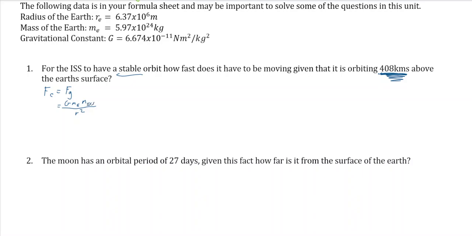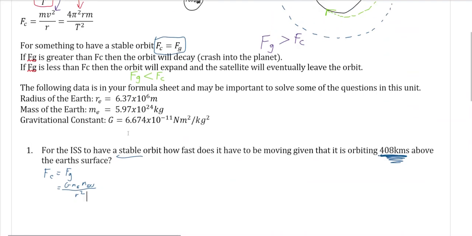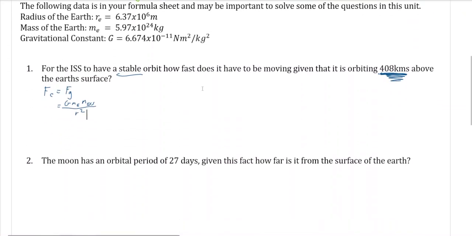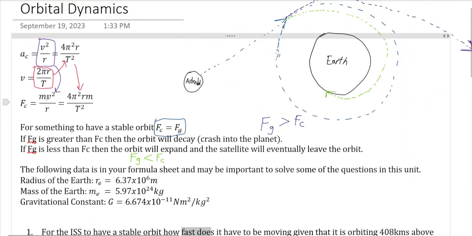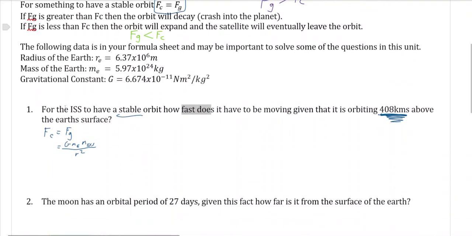So those are our two masses. Now, if we look at FC, this is going to be given by one of the formulas up here. Since we're talking about how fast does it have to move, we're looking for the formula with velocity. So that's this one right here: m v squared over r. Now keep in mind that this m is the m for the ISS.